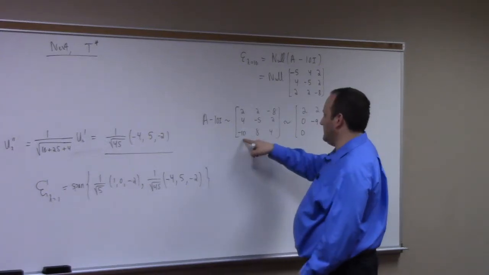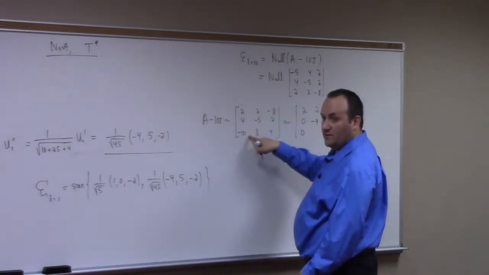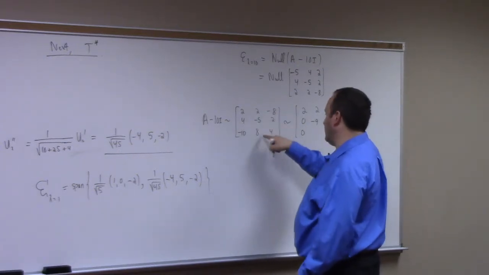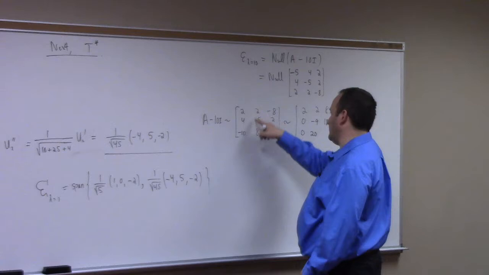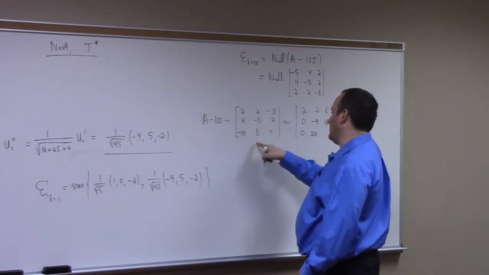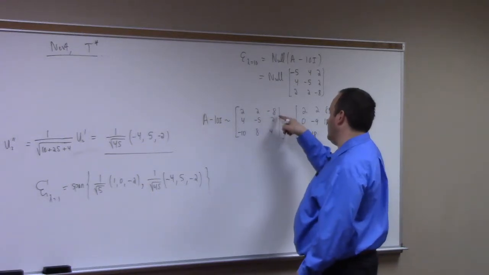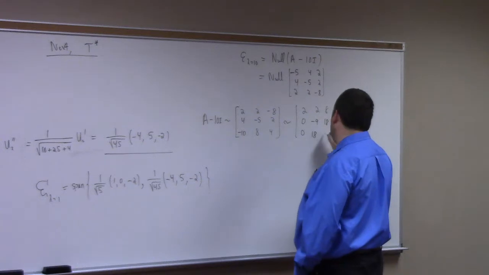Let's see here. I have to add 5 copies of row 1 to row 3. Adding 5 copies of row 1 to row 3 gives me 0, of course. It gives me 20. 10 plus 8 is 18. 5 times minus 8 is minus 40. Minus 40 plus 4 is minus 36.